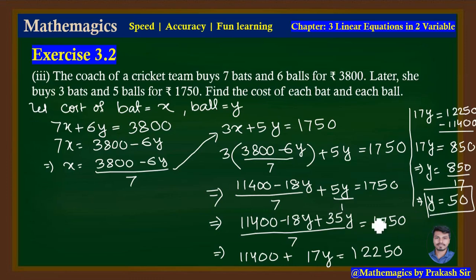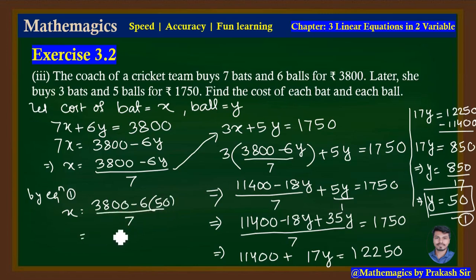This value I'm just going to put here. So let us consider this one as the first equation. So by equation first we will obtain that x is equal to 3,800 minus 6 into y value, which is 50, whole divided by 7, is equal to 3,800 minus 6 times 5 is 30 and again 0, divided by 7.